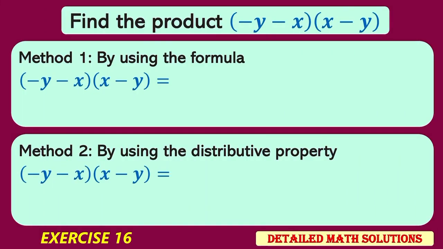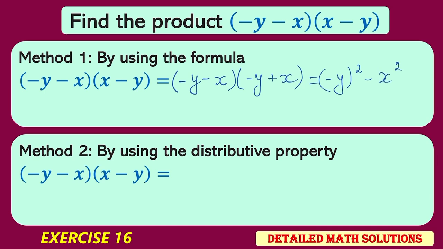Find the product (minus y minus x) multiplied by (x minus y). I need to write this expression as (minus y minus x) multiplied by (minus y plus x). This way I can apply the formula, and when I do that I get (minus y) squared minus x squared, which equals y squared minus x squared.